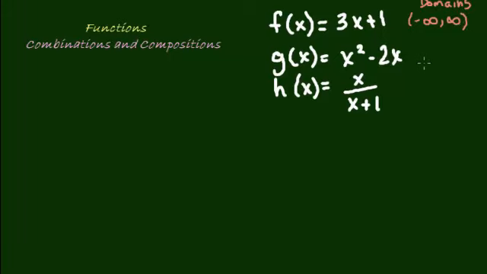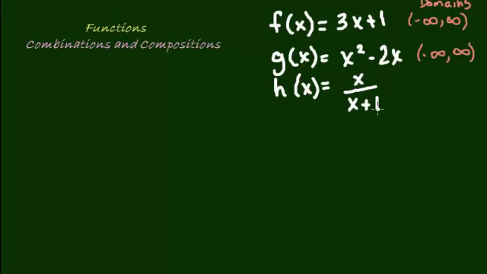The next function, g of x, would be x squared minus 2x. That's a quadratic, and my domain, once again, is negative infinity to positive infinity. Remembering back when we talked about domains earlier, most domains are negative infinity to positive infinity. The only cases we need to worry about at this particular point in time would be if we had a denominator or something underneath a square root.